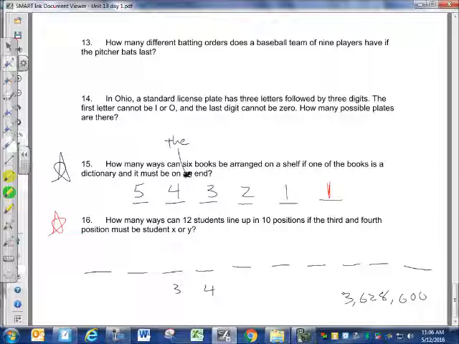That's wrong. Okay, raise your hand if you got 3,628,800. Sorry, 800. Oh, so you got it? Good. All right, Mr. Meyer, walk us through it.